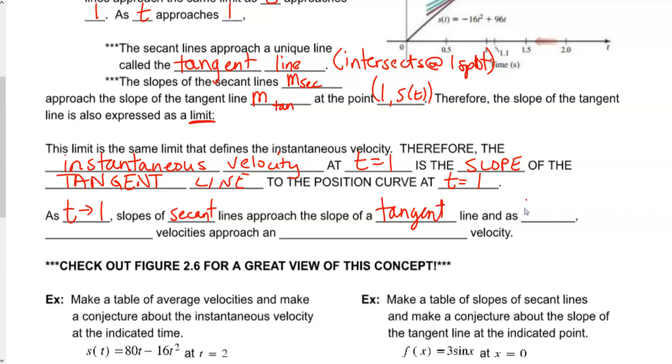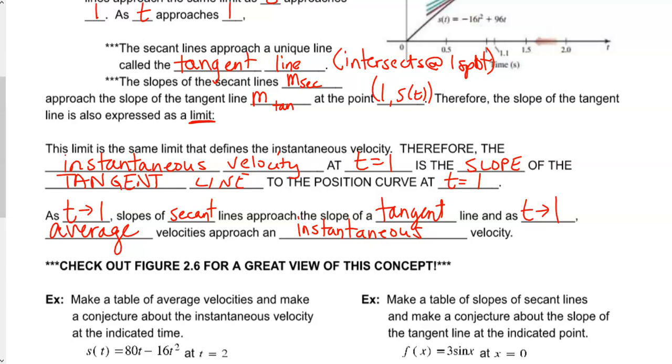As t goes to 1, the average velocities approach the instantaneous velocity.